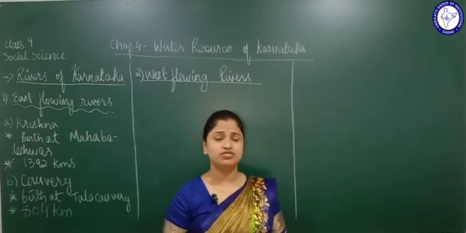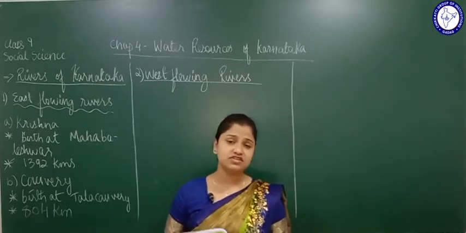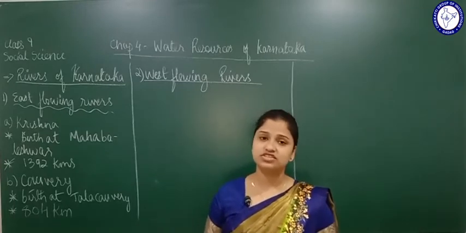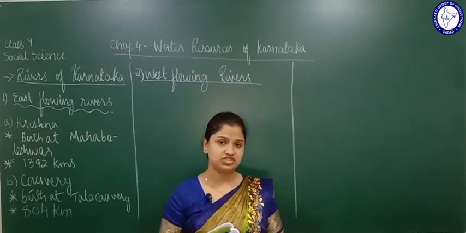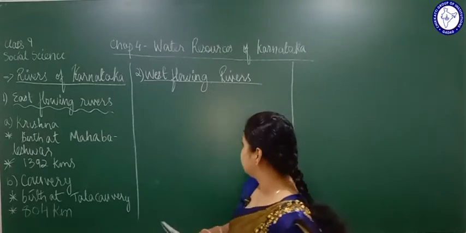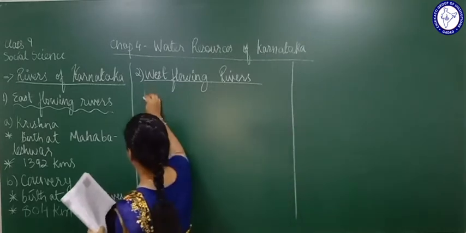Similarly, there are many waterfalls which are created because of these rivers which are born in the Malnad region and they flow in the westward direction and then they enter the Arabian Sea. So some rivers name I will mention here.